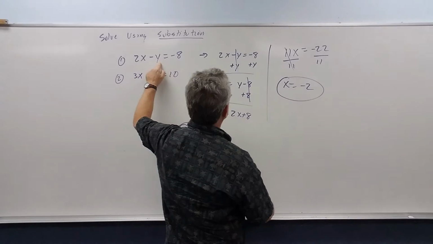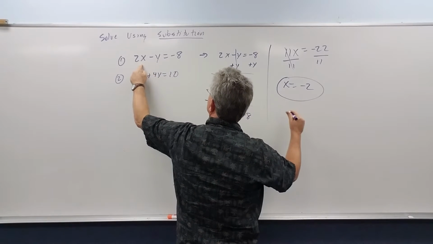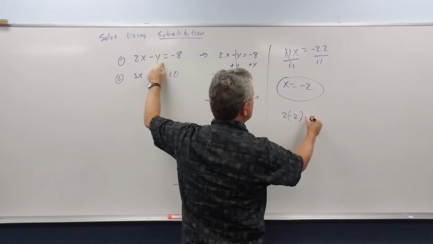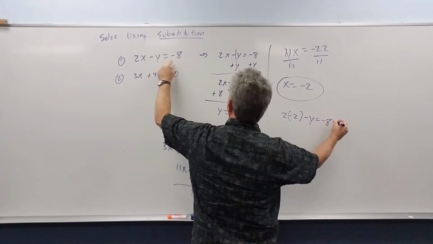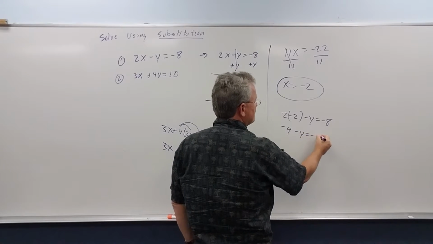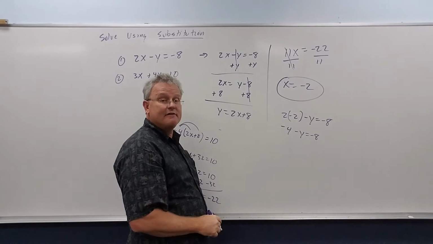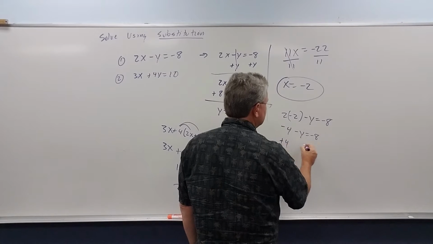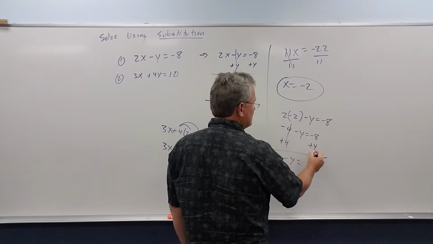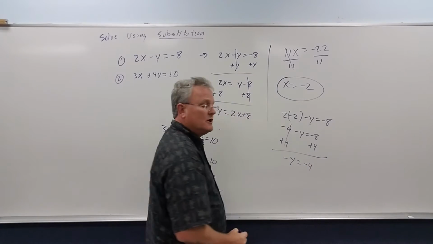Let me plug it into this one. So we plug in negative 2, and we get 2 times negative 2 minus y equals negative 8. This gives us minus 4 minus y. Let me add 4 to both sides, and we get minus y equals minus 4.